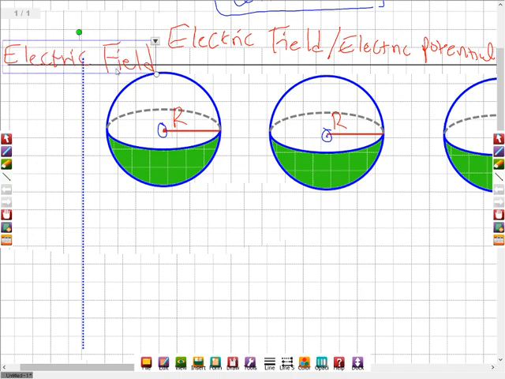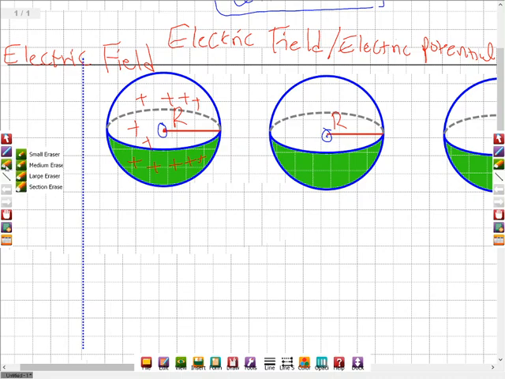What's the difference between conductors and insulators in terms of the charge distribution? In insulators, if you remember, we said the charge is distributed everywhere in the sphere. If I make believe this is an insulator, you will find the charge all over the sphere.